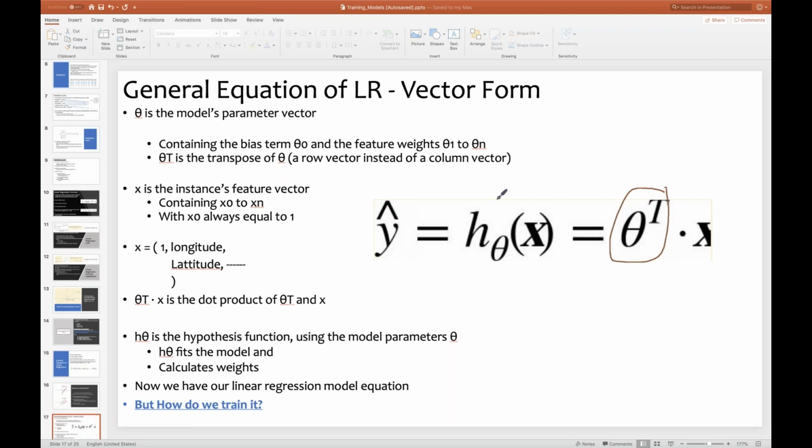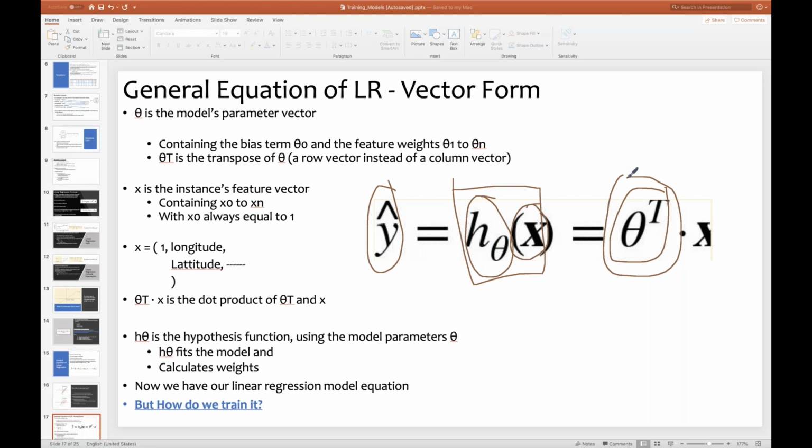Now, you need to understand what h of theta is, and what x is. Simple. Y cap is the predictions. Y cap is equal to h of theta of x. When I say h of theta of x, that is nothing but theta transpose dot x.